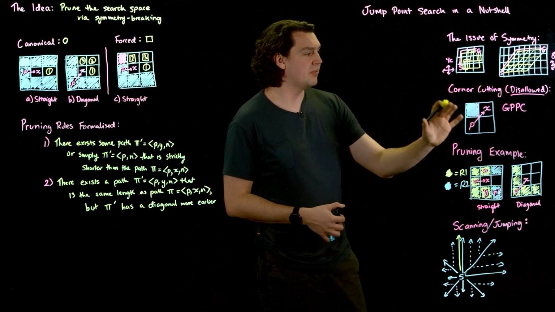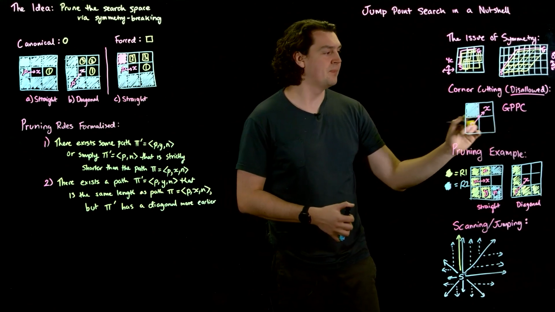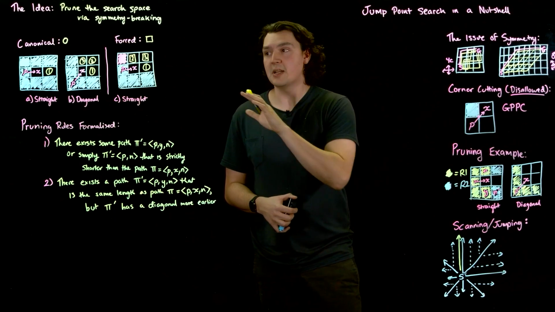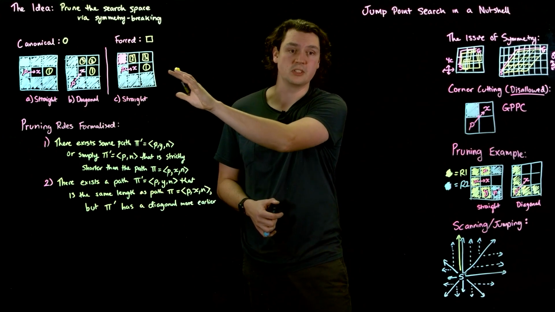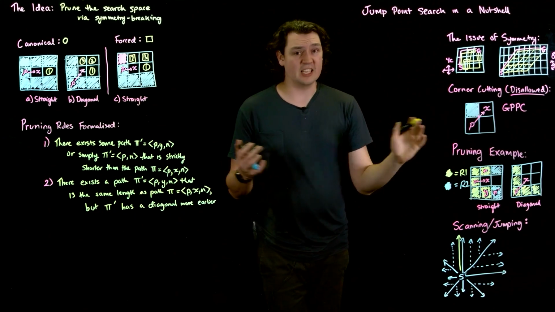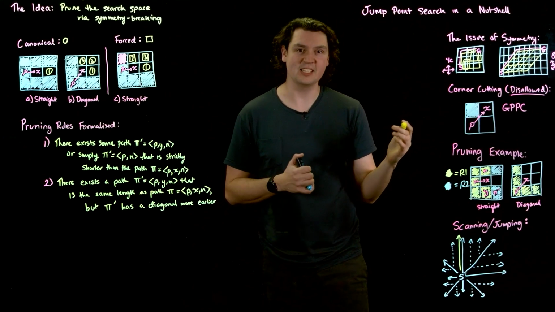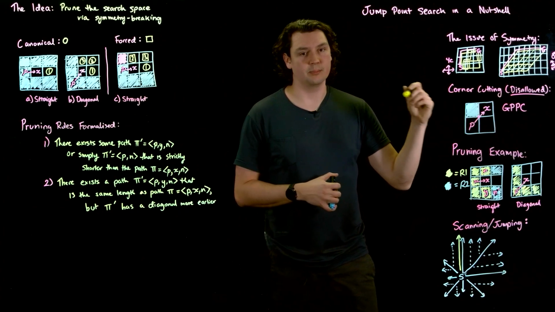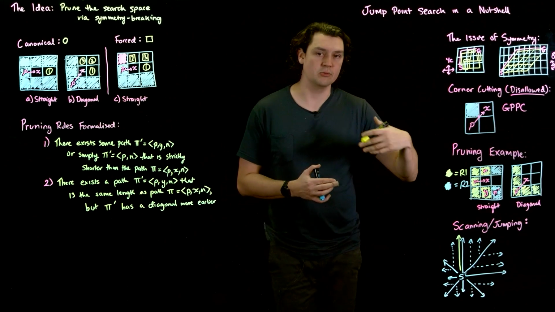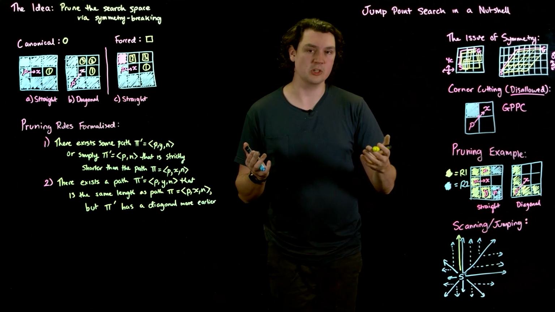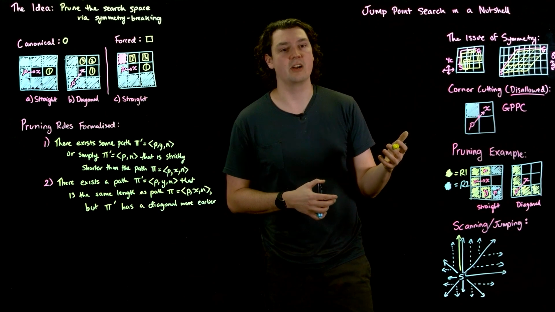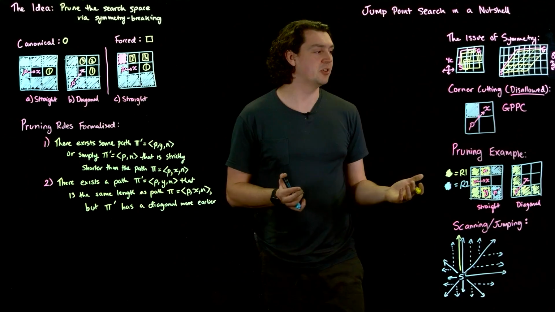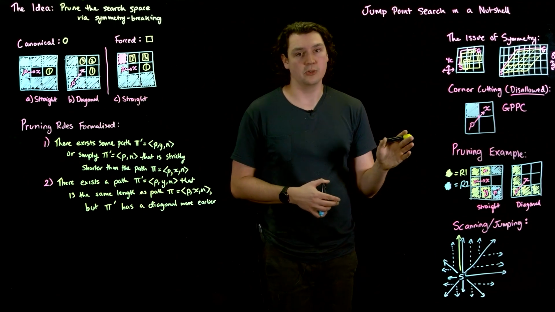Now, some of this comes from the idea of corner cutting, okay? If you'd read the original paper from like 2011, 2012, JPS looked a little different and these rules would look different. Just note that as of like 2014 or something like that, for a very, very long time, the grid-based path planning competition, this yearly open research competition to evaluate and compare our algorithms, as well as really just the field as it's matured, well, we no longer allow corner cutting at all.